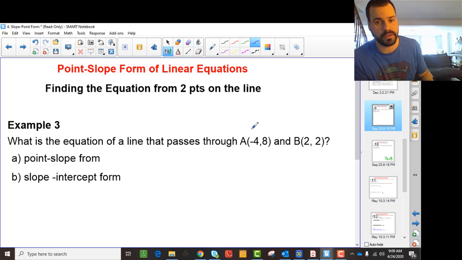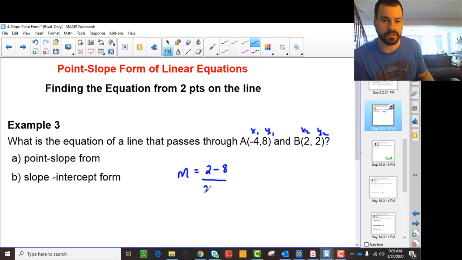So we're going to call this x1 and y1, and this x2 and y2. And we're going to find the slope first. So the slope is y2, which is 2, minus y1, which is 8, divided by x2, which is 2, minus x1, which is minus 4. Okay, so 2 minus 8 is minus 6, and 2 minus minus 4 is 6. This is 2 plus 4, so we end up with a slope of minus 1.